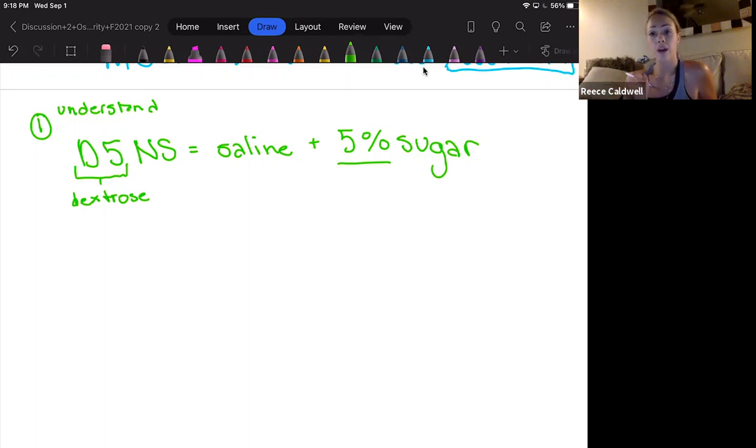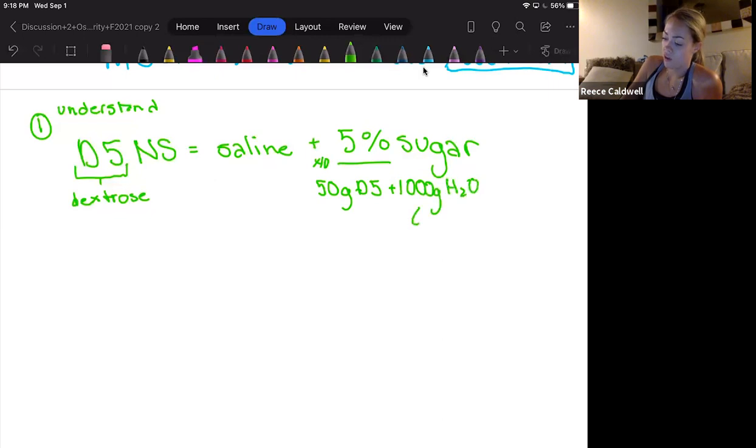Now we have 5% sugar in our new solution. So what that technically means is 50 grams, because we multiply that by 10, 50 grams of glucose or dextrose and 1,000 grams of water, aka 1 liter of water, will give us D5 solution.